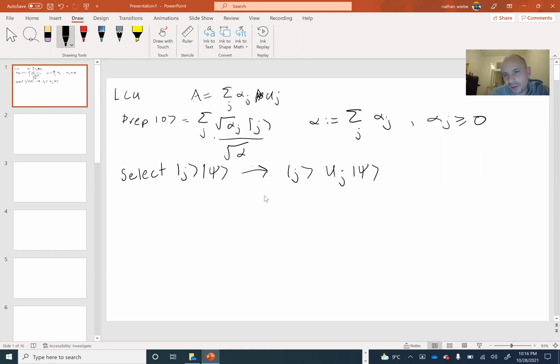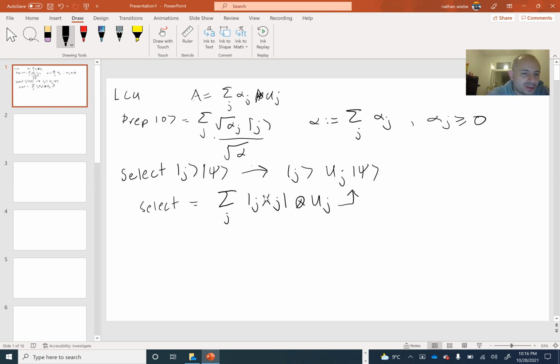Another way of expressing this is that we can write select as the sum over j of the projector onto j, tensor U sub j. If we use this definition, the operator at the bottom has the same action as the one on top. So this is the select operation.